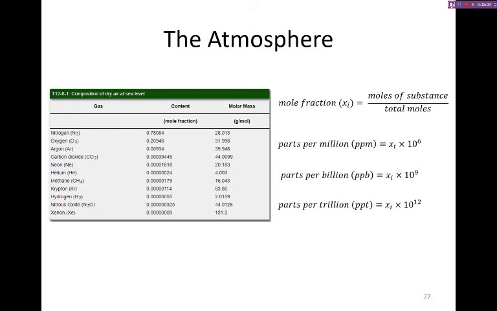By converting into parts per million, billion, or trillion, it brings it up to a scale that's a little more comprehensible for us. For example, to calculate the concentration of nitrous oxide in parts per million, you would take the mole fraction and multiply it by 10^6. That means there's 0.325 ppm, or parts per million, of nitrous oxide.